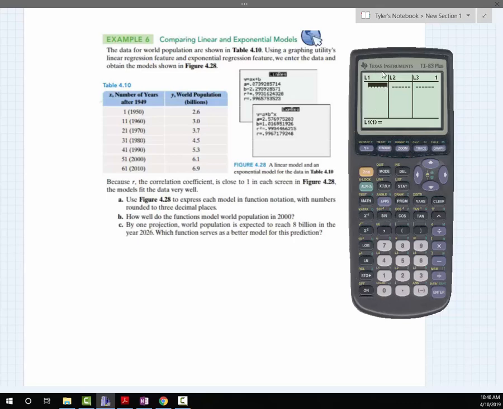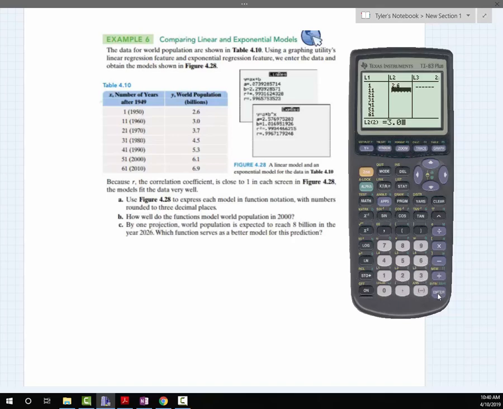You can treat L1 as X and L2 as Y. So I can enter in my X values from the chart, so 1, 11, 21, 31, 41, 51, and 61, etc.